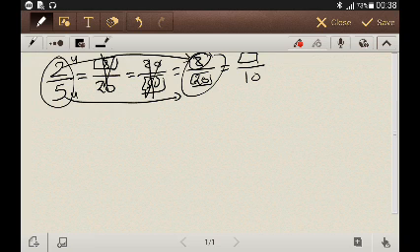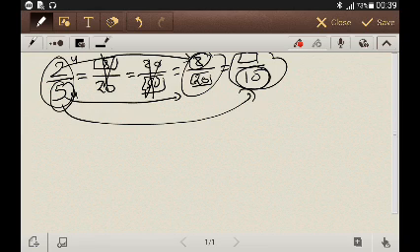Now let's solve the last one here. I have something over 10. So we have 10 here on the denominator and 5 as denominator as well. So you're going to ask yourself, how can I make the 5 10 this time? 5 multiplied by which number to become 10? The answer is 2.